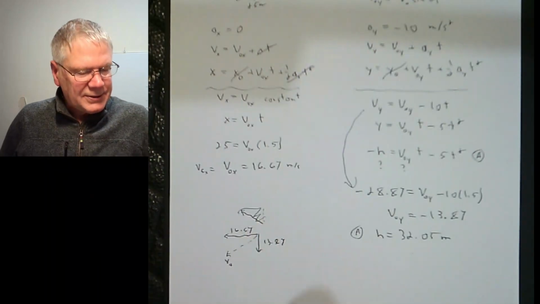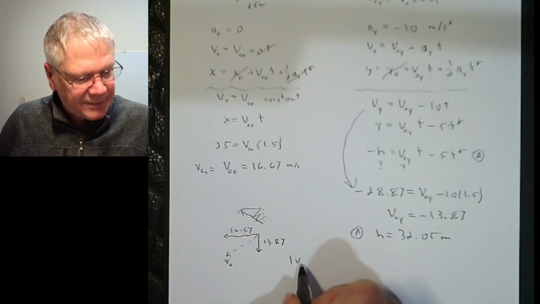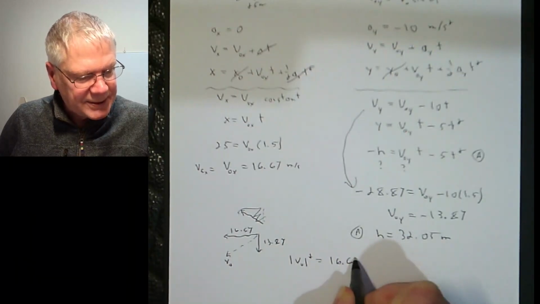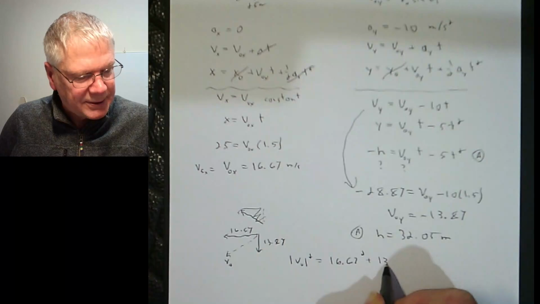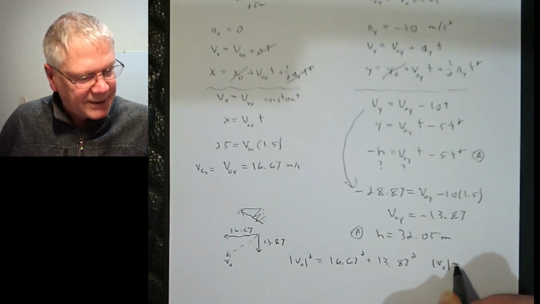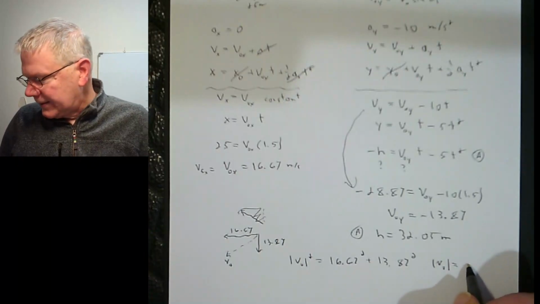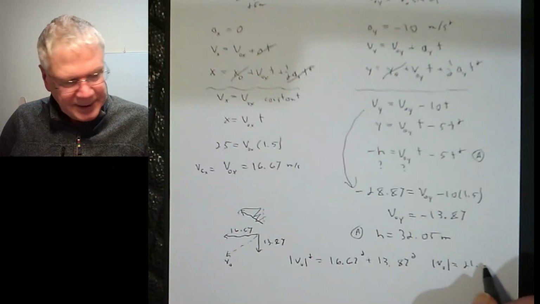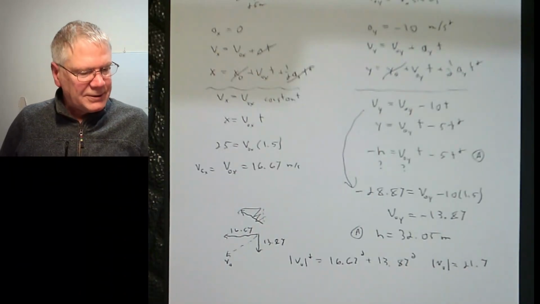So to find the magnitude, v0 squared is equal to 16.67 squared plus 13.87 squared. You'll get the magnitude of the velocity is equal to 21.7 meters per second.